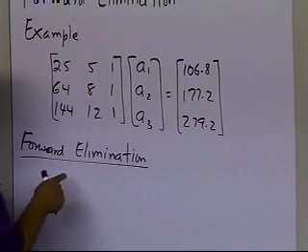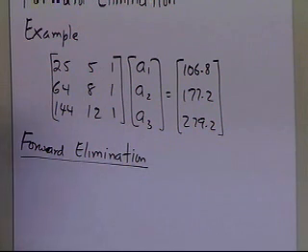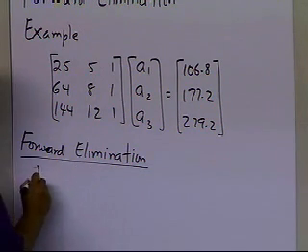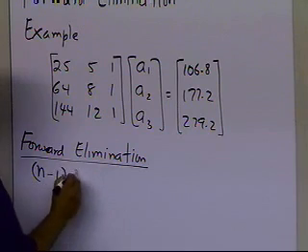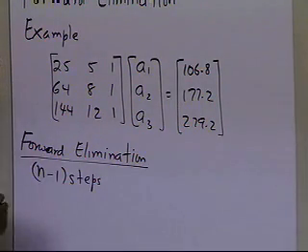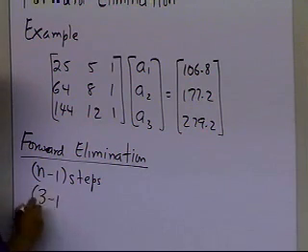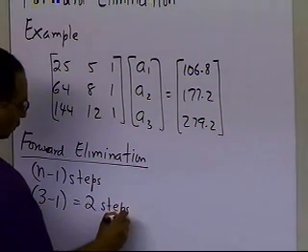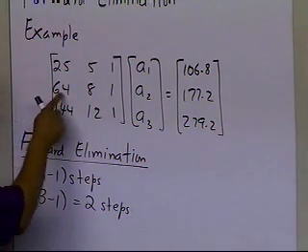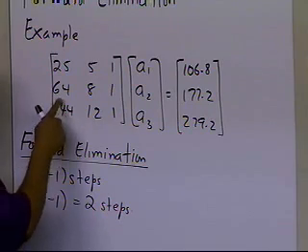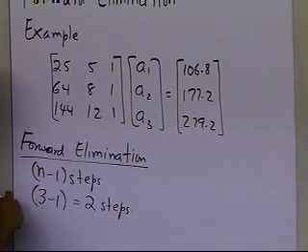So how we're going to go about doing that is by understanding that forward elimination has n minus 1 steps. Since we have three equations, we'll have 3 minus 1 equal to 2 steps. In the first step, these two numbers are going to be made to be 0 by doing some matrix operations.